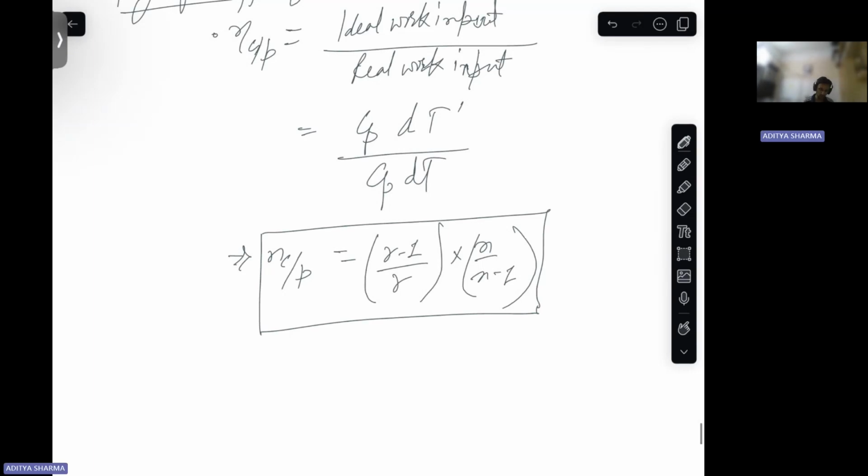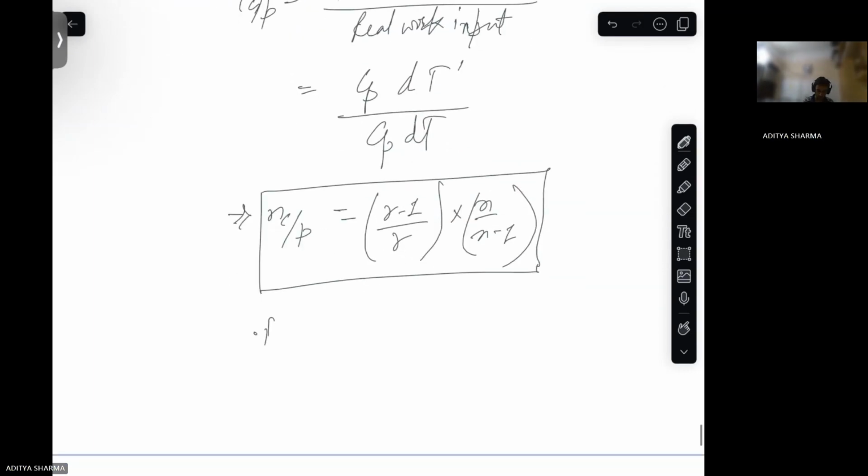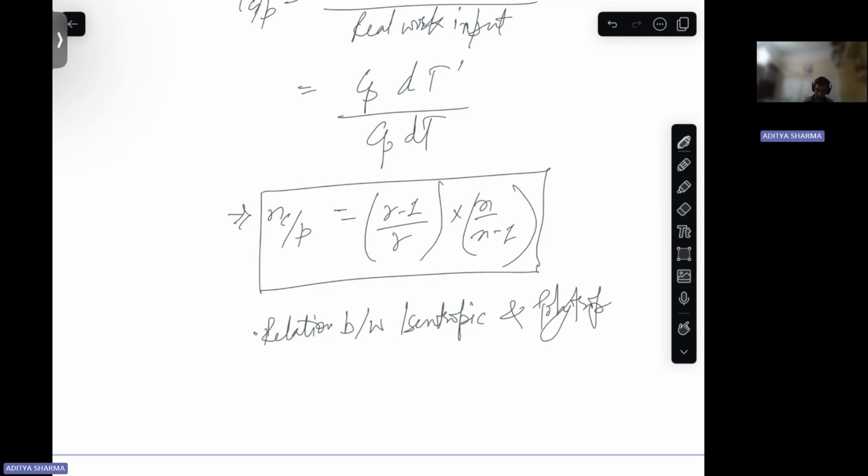And then the relation between isentropic and polytropic efficiencies can be given.